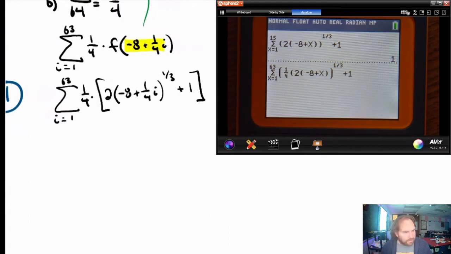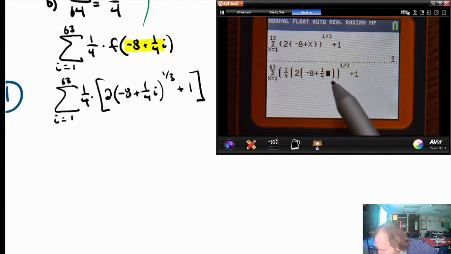So now it's 2 times -8 plus, I got to put another insert here. Insert fraction, 1/4. And then if I count the number of open parentheses I've got so far, I've got open, open, open, close, close. I got one more to close out here. I think that should do it. We'll push enter on that one and see if it gives us the right answer we're looking for.